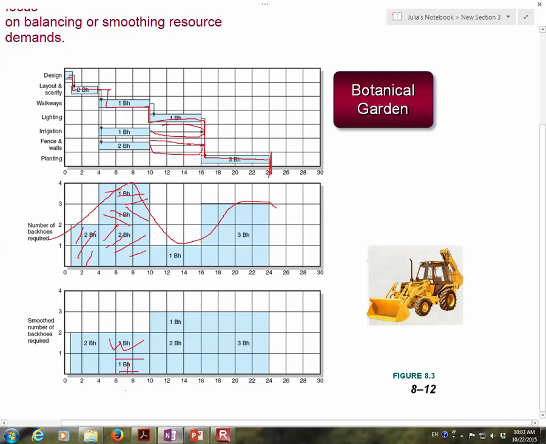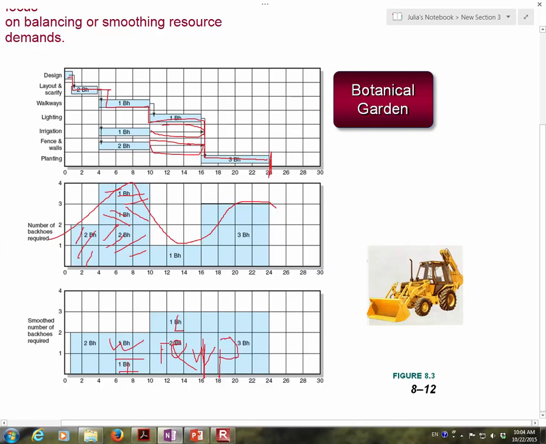Then starting on day 10, we have one backhoe for lighting. We have two backhoes for fence and walls, F and W. It will last for 6 days. I'm sorry, so it should stop here. And then starting from day 16, we have planting here.